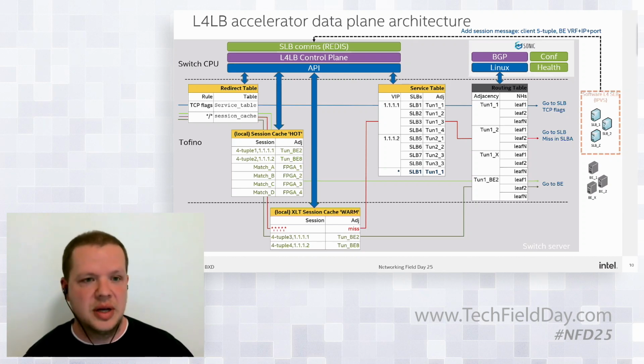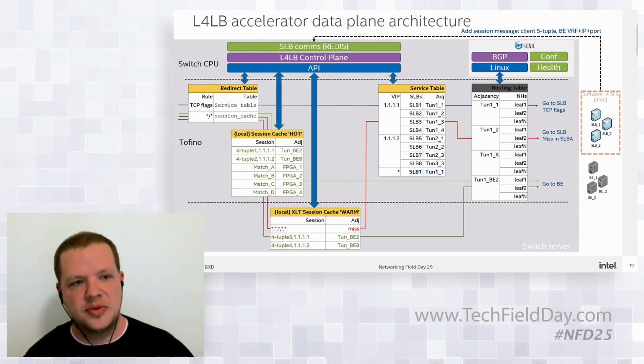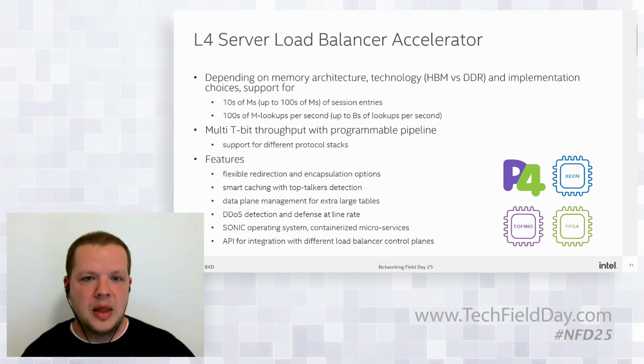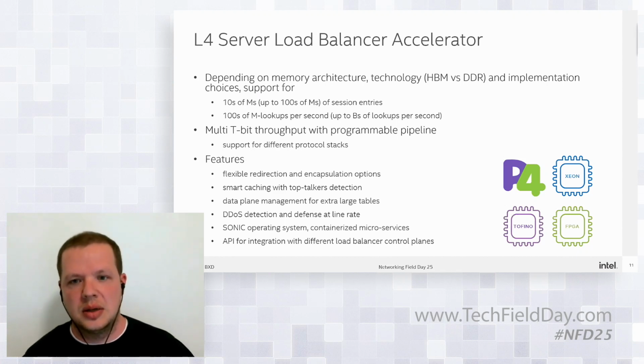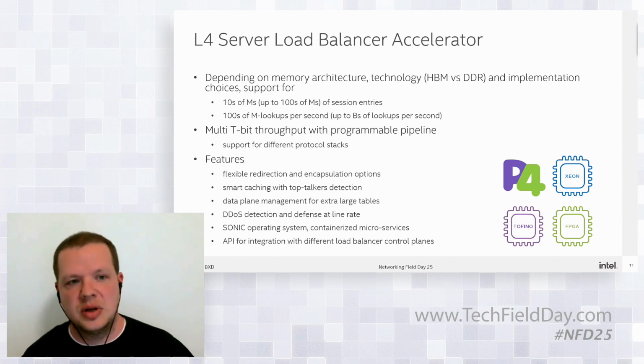So this is a high-level description of the key functions that we have implemented in the Tofino and the FPGA. Depending on the actual hardware configuration, such a system can provide tens or even hundreds of millions of entries while achieving hundreds of millions or even billions of lookups per second.